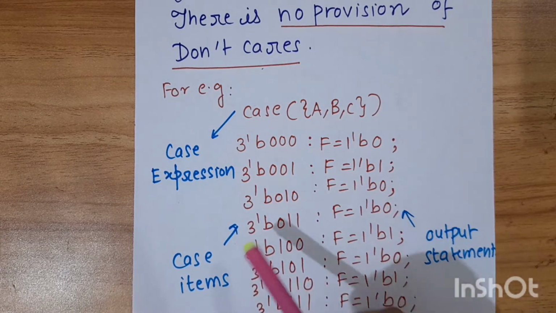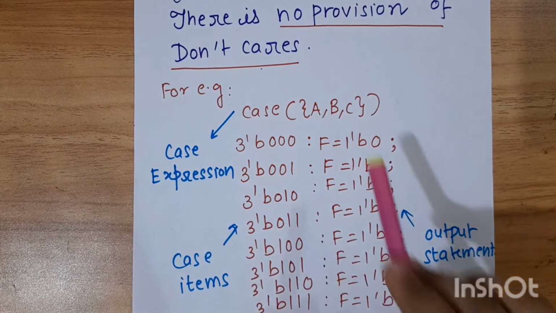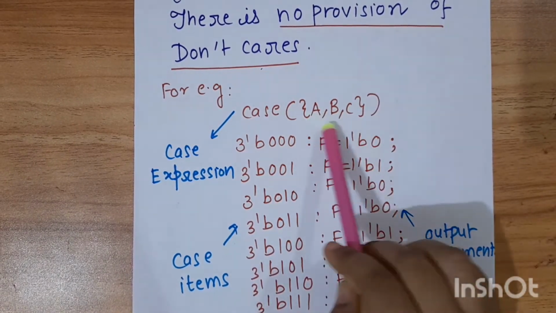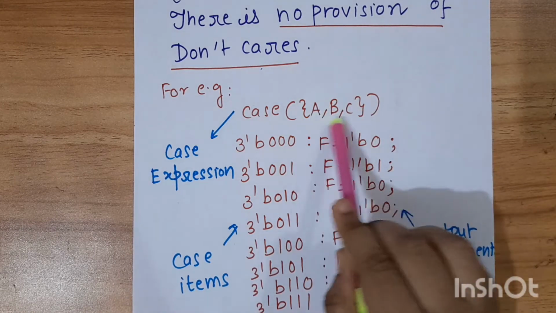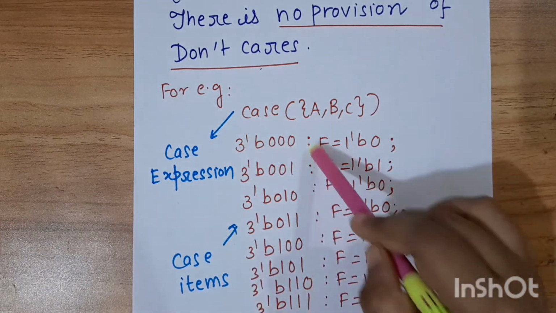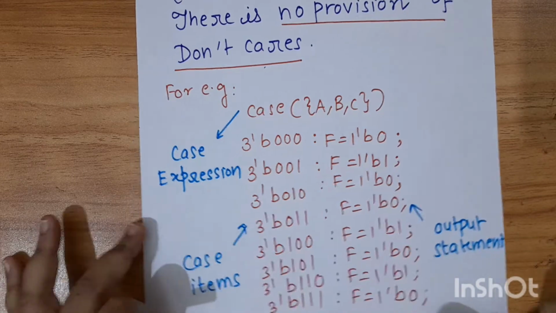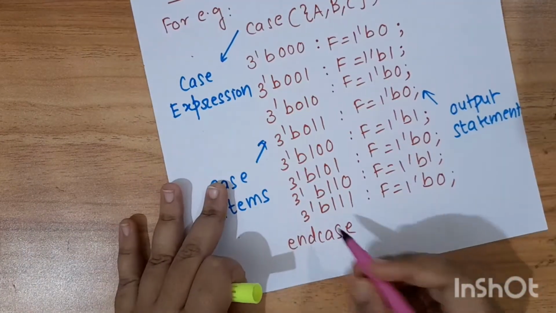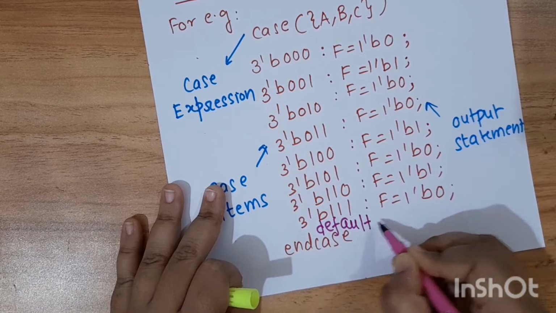But we can have a default statement here also. It means when ABC, on concatenating, do not match any of the 8 items, I will have a default case.